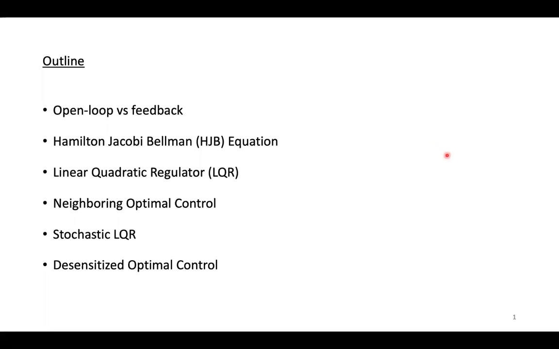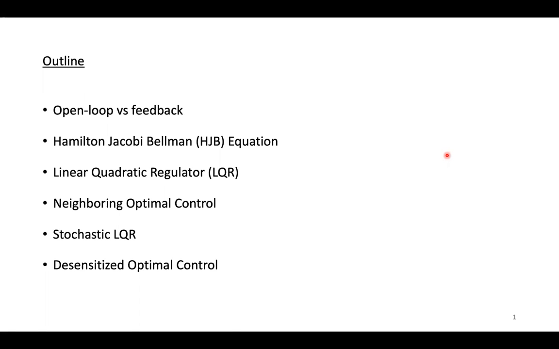Okay, so here is a quick outline to my presentation. The most popular way of addressing planning under uncertainties is to have a feedback controller. So we would first discuss what is open loop control, what is feedback control, the basics, and try to understand the difference, why feedback even matters.